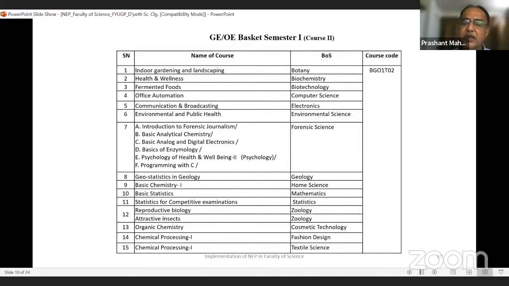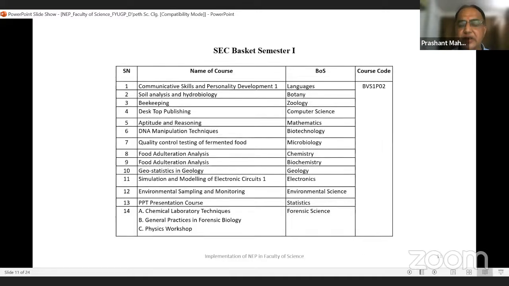So like this, the complete curriculum of open electives, skill enhancement courses, and of course the minor courses is ready. Let us go to the similar SEC basket, semester 1.